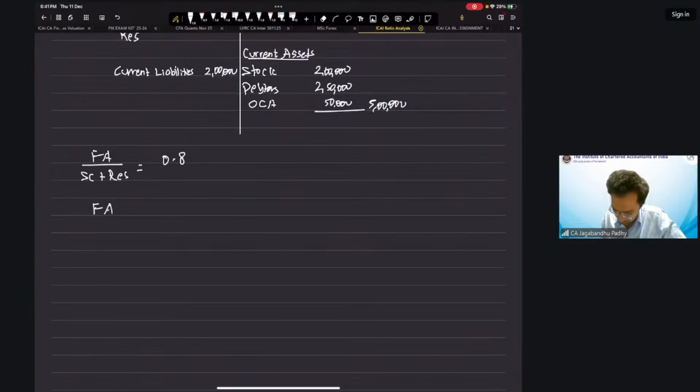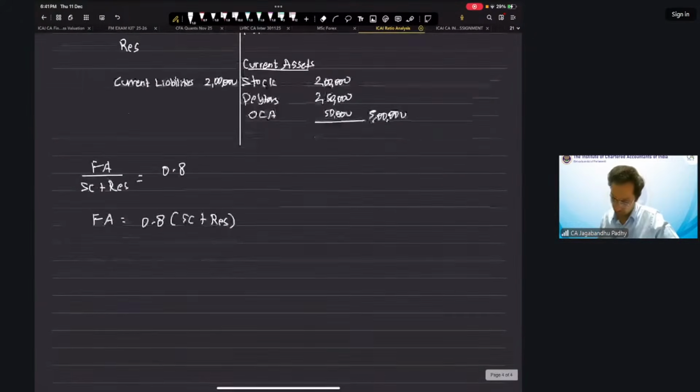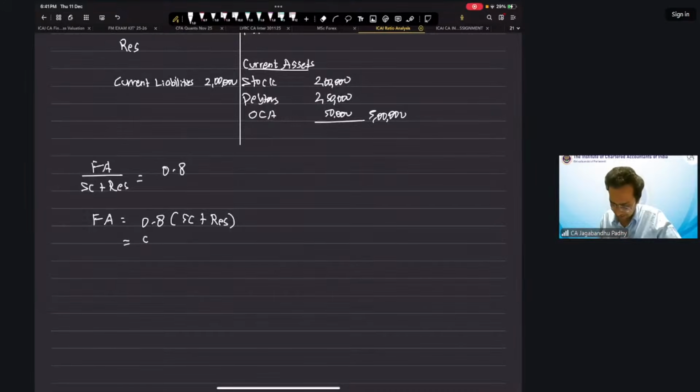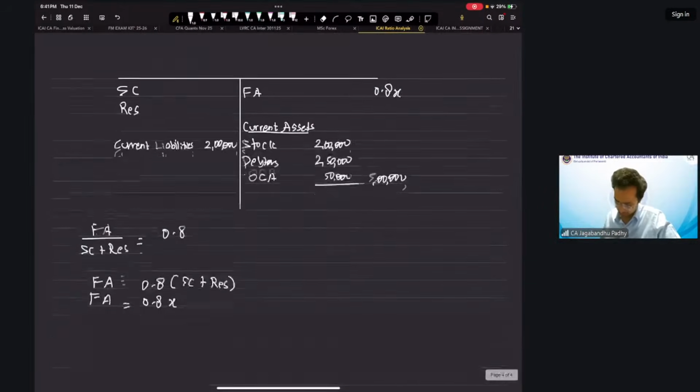And fixed asset will be 0.8 times share capital plus reserves. Let me name this share capital plus reserves as X. So we'll say fixed asset is 0.8X.